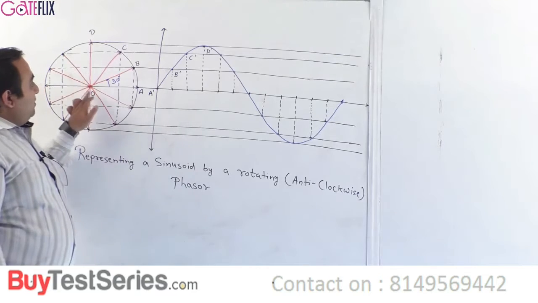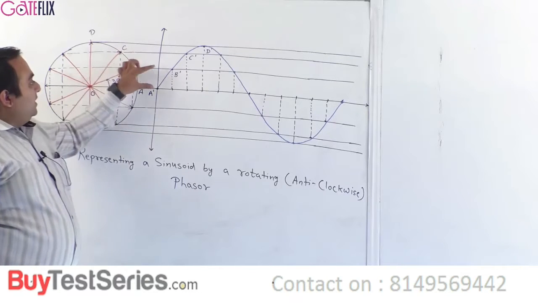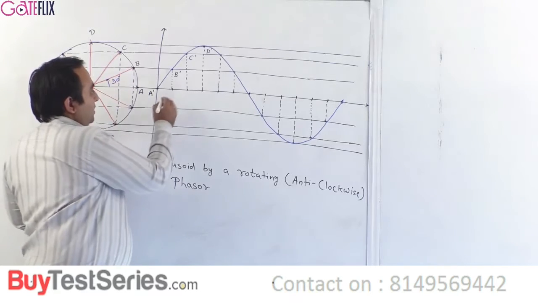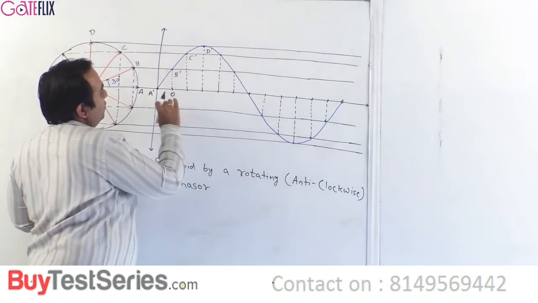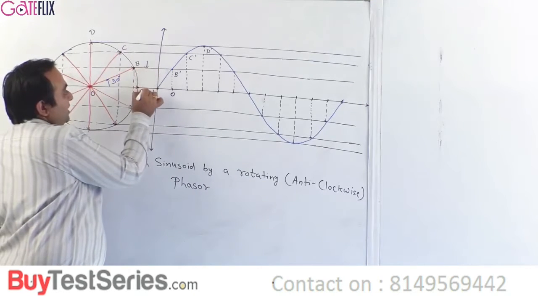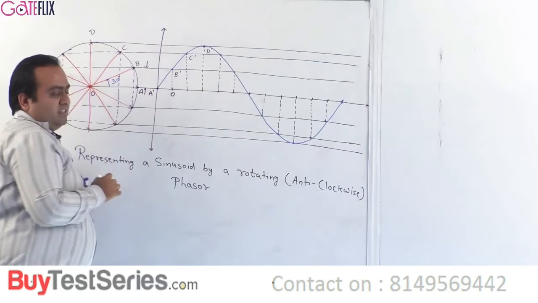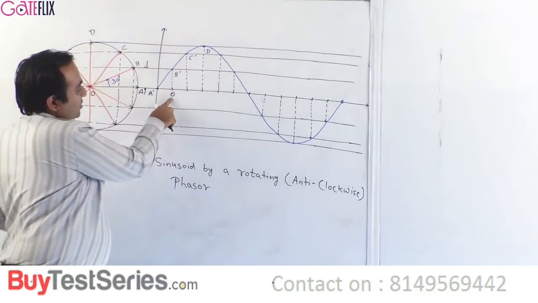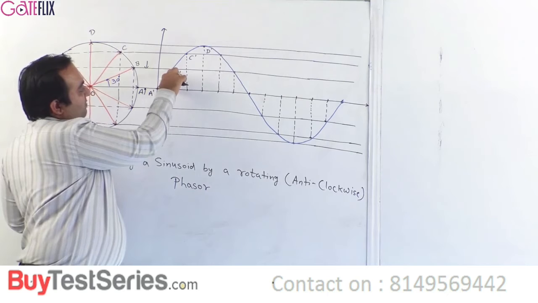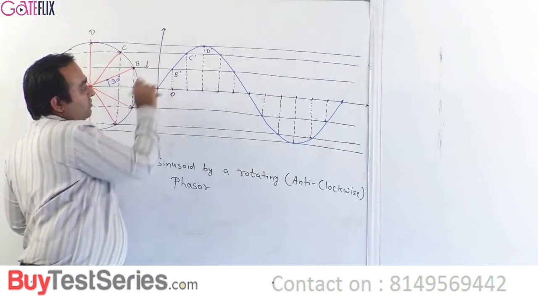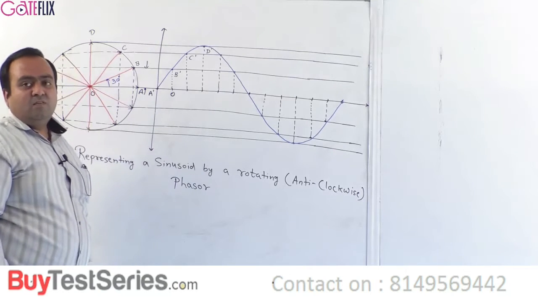At position B, this is the vertical height from point O, which is everywhere point O. So this OB dash is the instantaneous value of this phasor, because this is the vertical height at this instant, so we call it the instantaneous value.